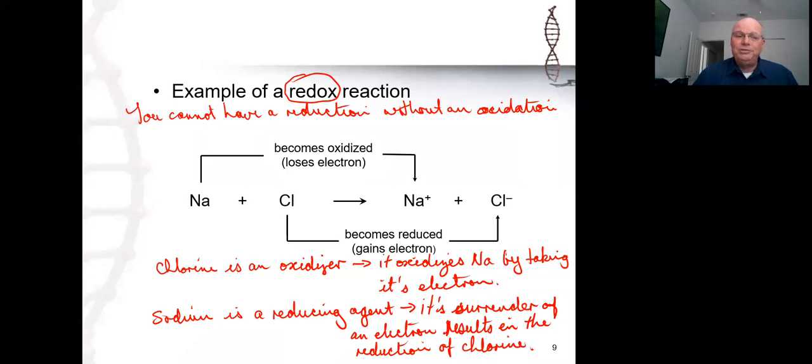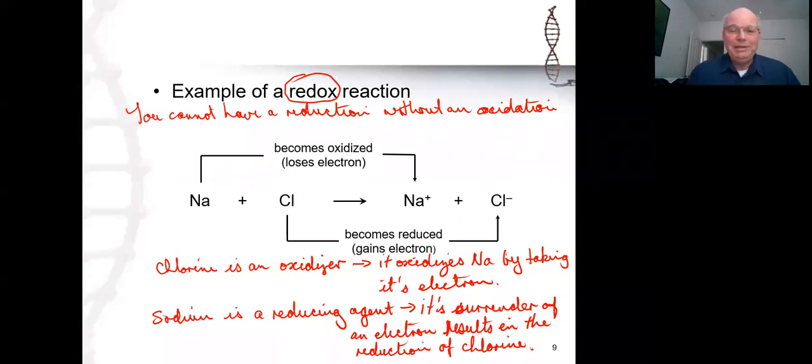Likewise, chlorine, being strongly electronegative, is grabbing that electron and moving it into a situation where that electron is not so freely available anymore, because chlorine is going to hold on to it very, very tightly. And if that electron represents a source of energy and chlorine holds on to it, then that electron is no longer available as a source of energy. And that means we've had a reduction in available energy.